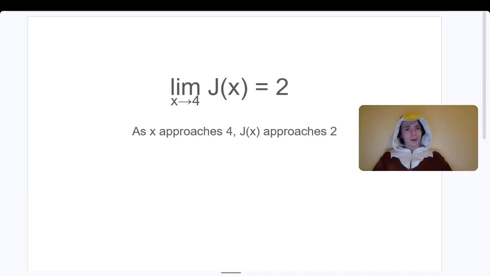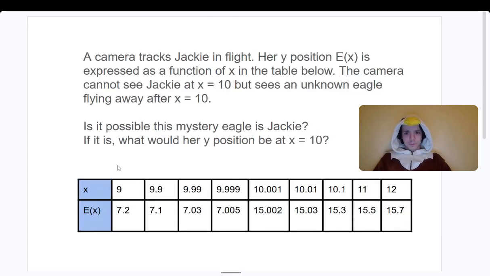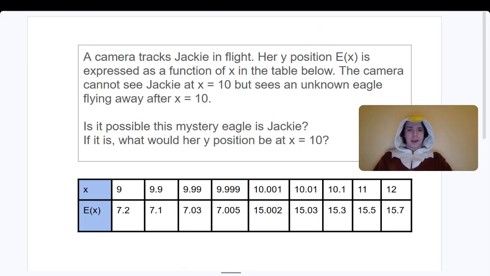Now let's look at a different example of Jackie's flight. A camera tracks Jackie in flight. Her y position, e of x, is represented as a function of x in the table below. So we have a table now, and we have x and e of x.